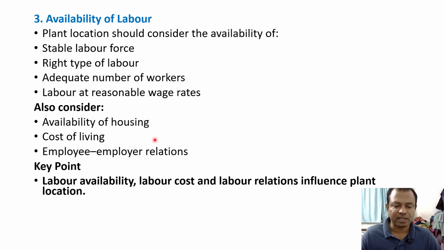And also consider availability of housing for these laborers and a cost of living that should not be high. Otherwise the labor force will not come to live in that place, and the employee-employer relations. So labor availability, labor cost and labor relations influence plant location.